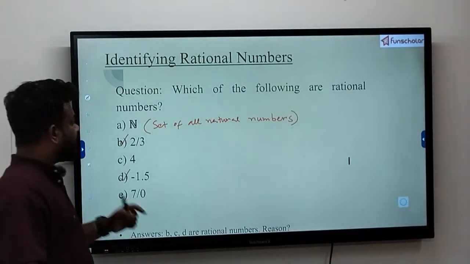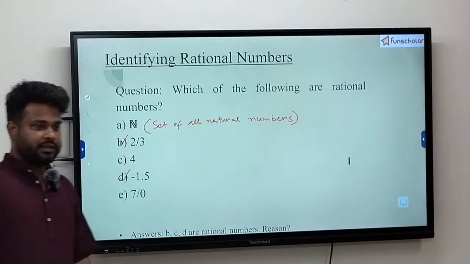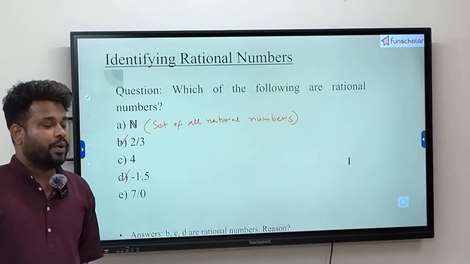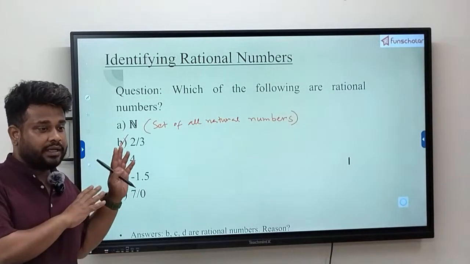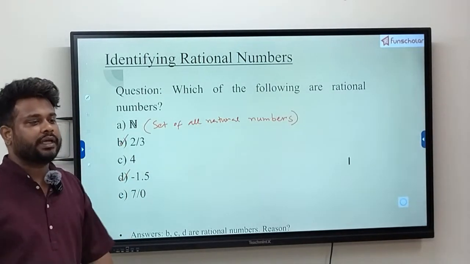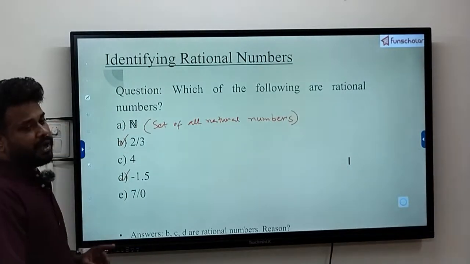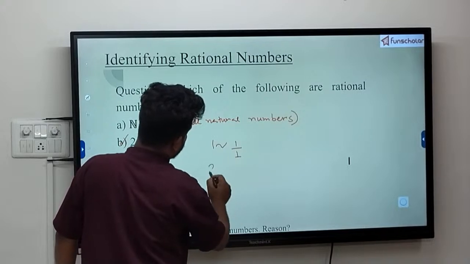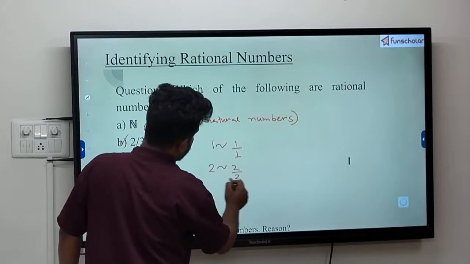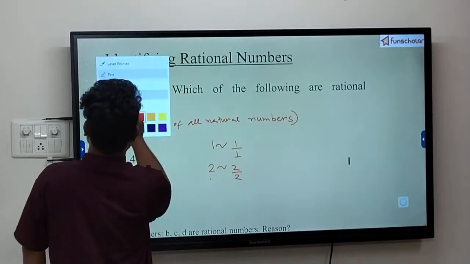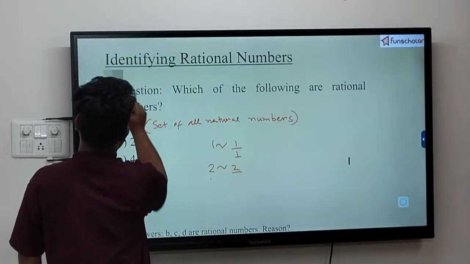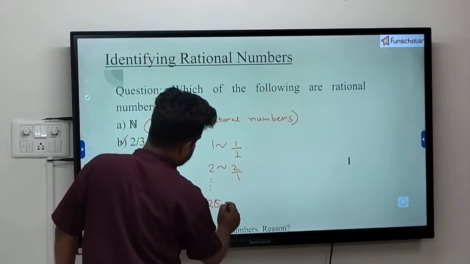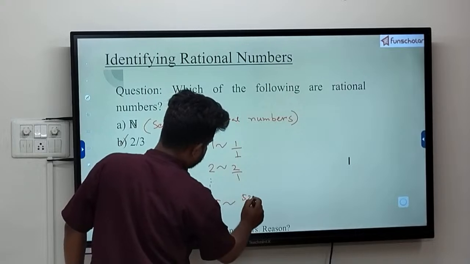So why today are you saying that N is not a rational number? What I discussed earlier is that every natural number can be expressed in p by q form, just like 1 can be expressed as 1 by 1, 2 can be 2 by 1, 525 also can be 525 by 1.